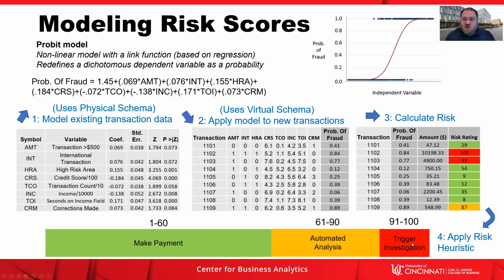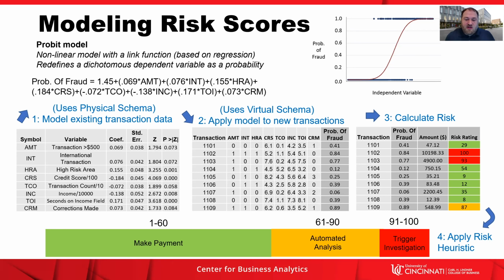That would give you some risk score that in this case you would compare to the magnitude associated with the risk as well. So now you'd have both the probability and then the amount of the transaction you'd be able to use to represent the magnitude that could be combined to give you a risk rating. So basically how likely something is and how big the problem will be if it actually was fraudulent.